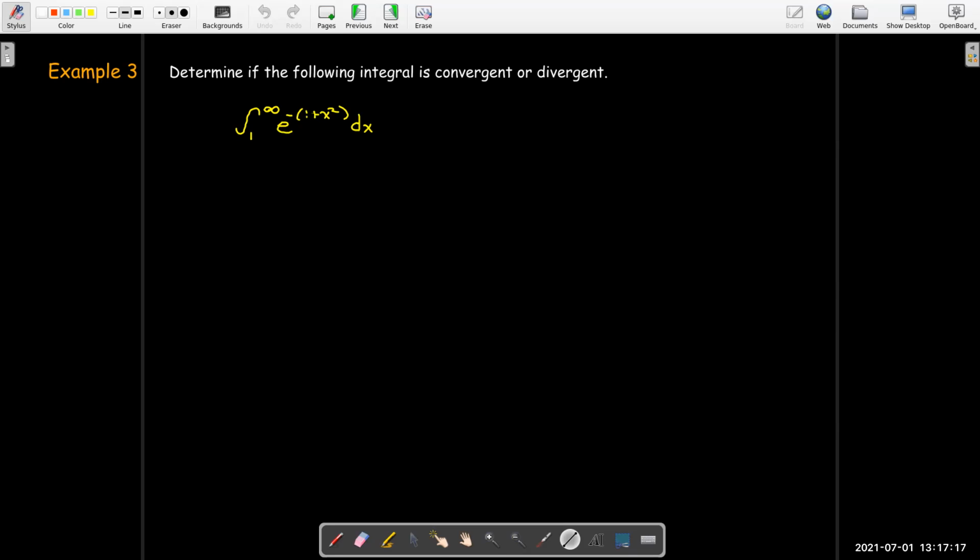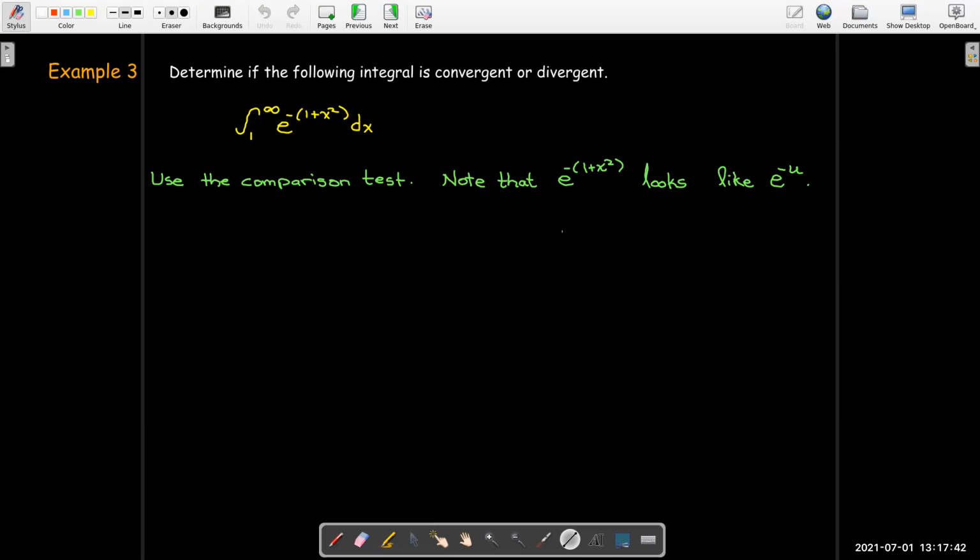Now here I have something which looks familiar, it looks similar to the infinite integrals we just used, but now the exponent is the quantity 1 plus x squared. And we're going to use the comparison test.